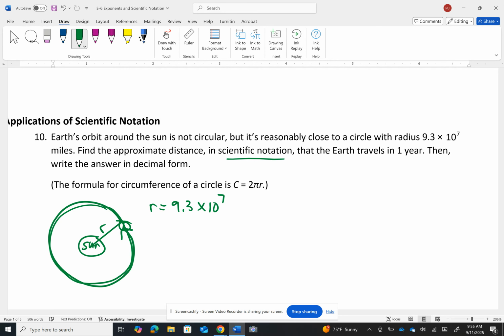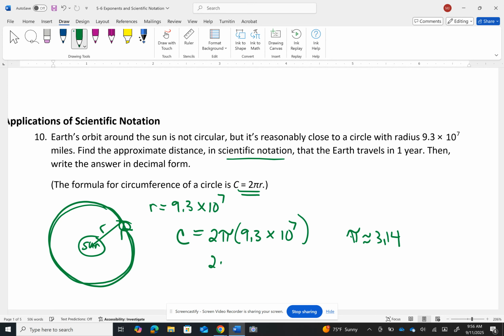So what we're going to need to do is use this formula, circumference of a circle. So the circumference would equal 2 pi, and then in place of the r, we're going to be putting 9.3 times 10 to the 7th power. Okay? So let's use the approximation that pi is about 3.14.